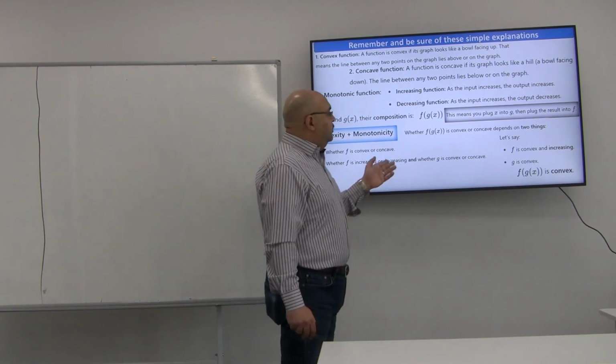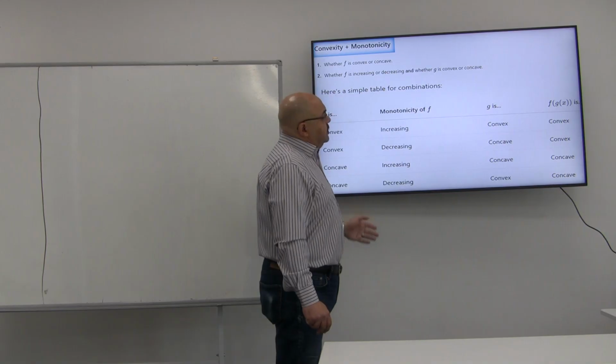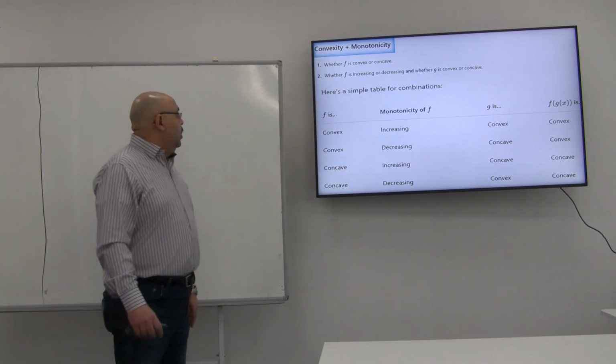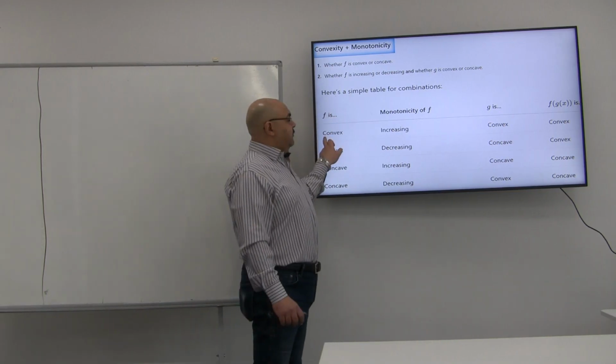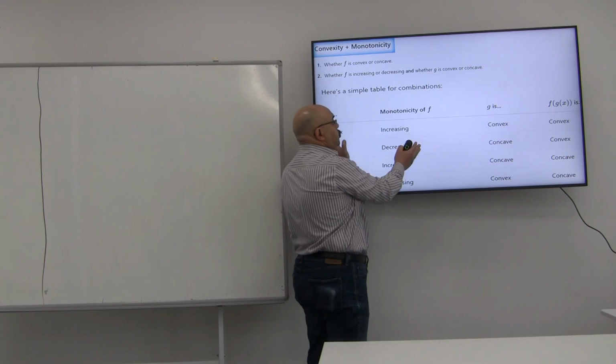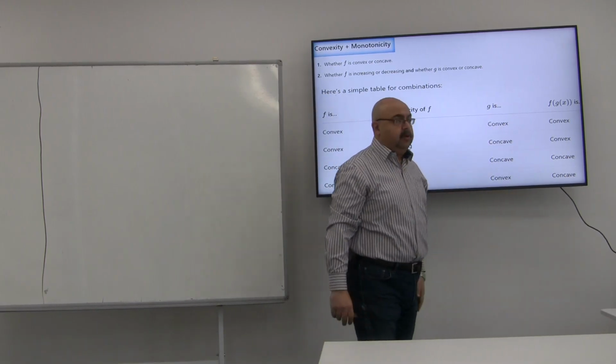I've simplified these cases in the following table, which summarizes this property explicitly. So, first of all, if f is convex and increasing, these two conditions related to the outer function, and if g is convex, the result will be convex.